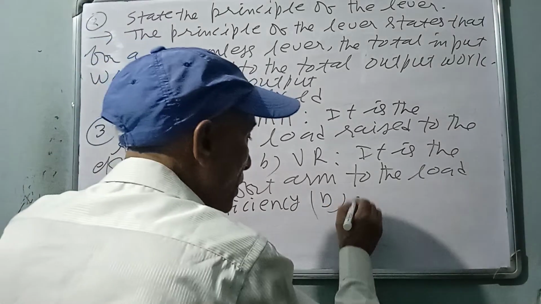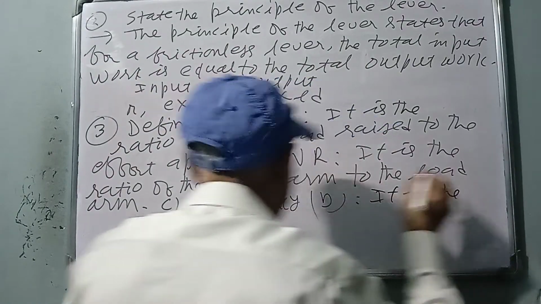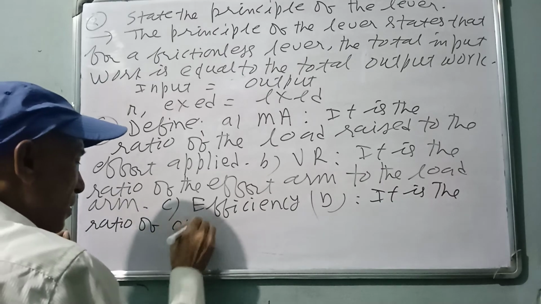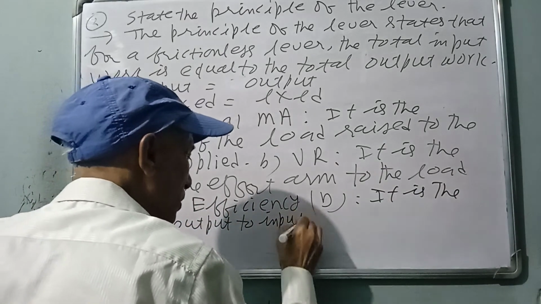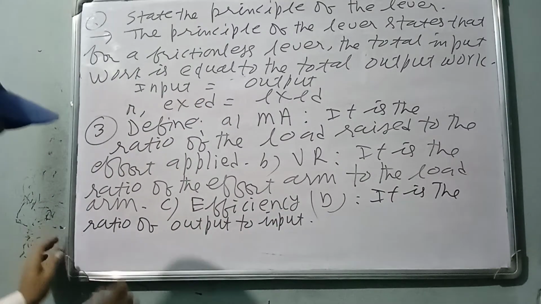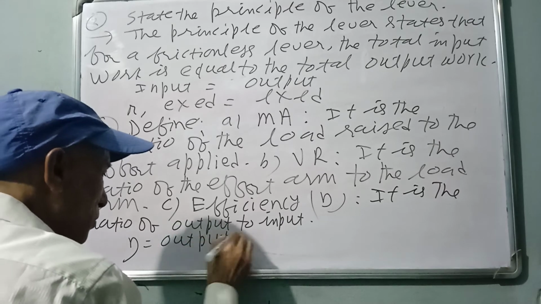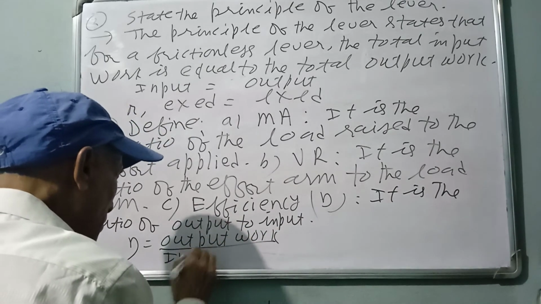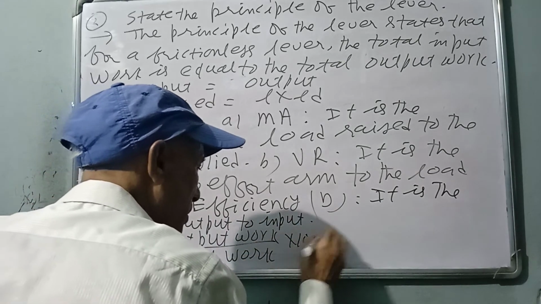Efficiency, actually efficiency is the ratio of output to input. That is also correct. Formula eta equal output work upon input work multiplied by 100.